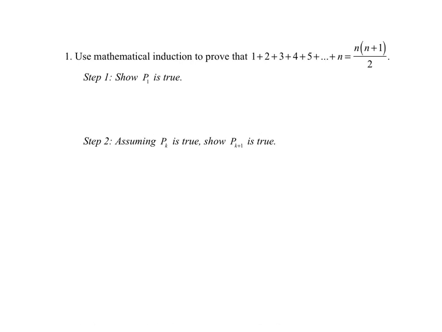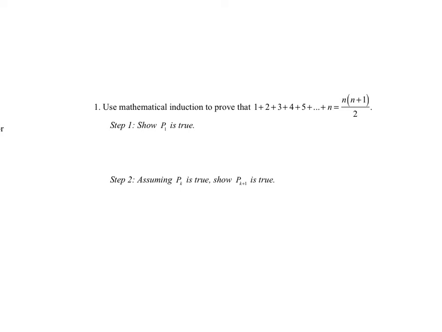So for number 1, we want to use mathematical induction to prove that statement. So we're going to actually prove what we came up with. So this was our expression for this nth sum. To show P1 is true, we want to show that when n equals 1, this is a true statement.